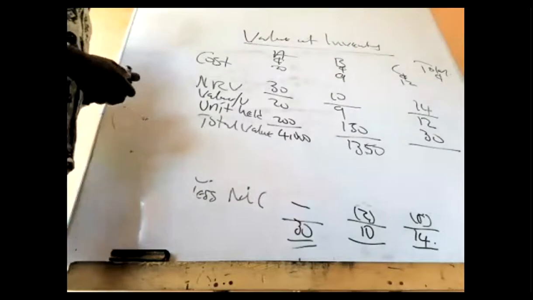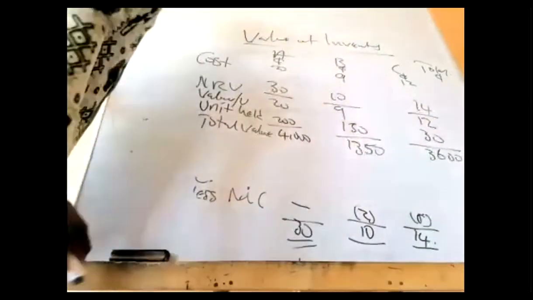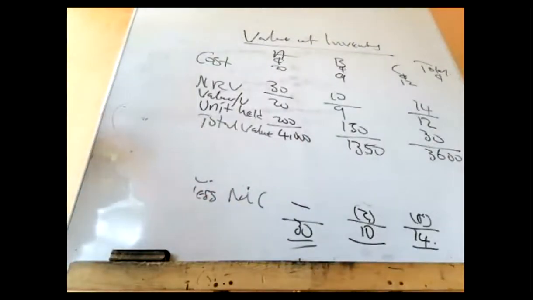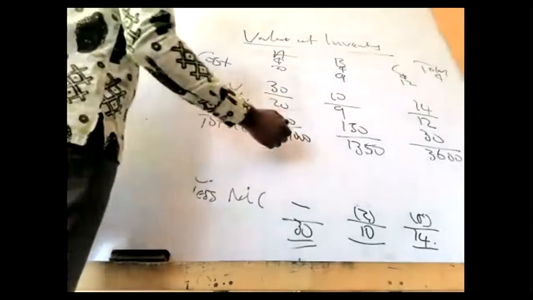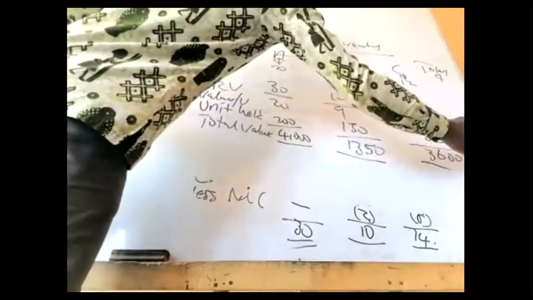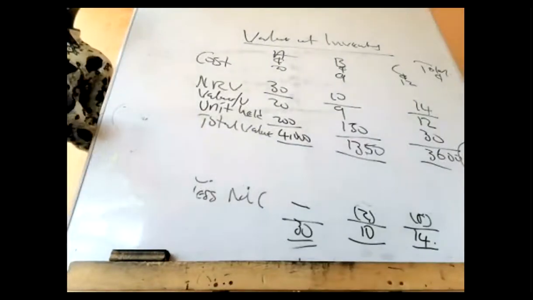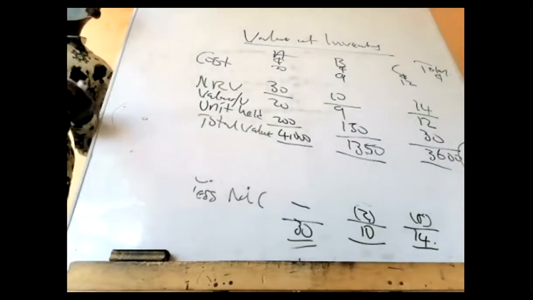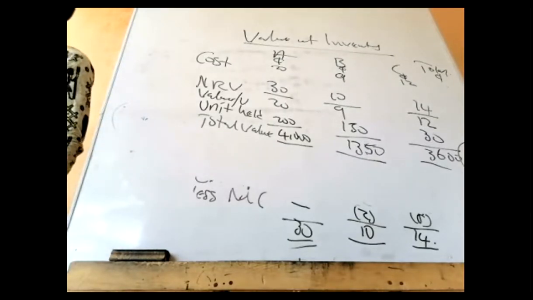Then 30 by 12 should give us 3,600. Good. When you are done, you add all three together to get the overall cost, and that's what you formally present in your financial position as your inventory value. Good. So I am done.